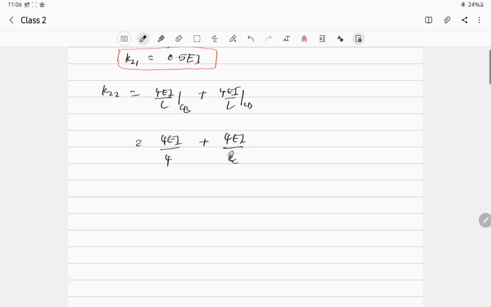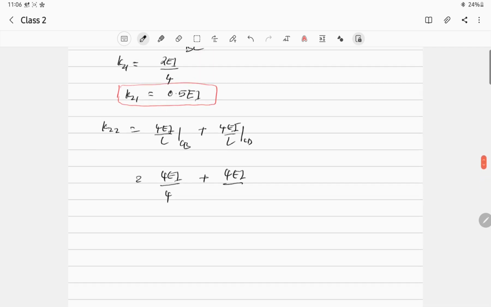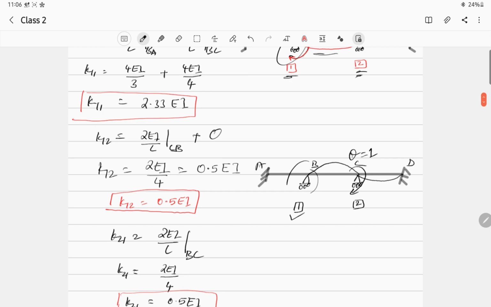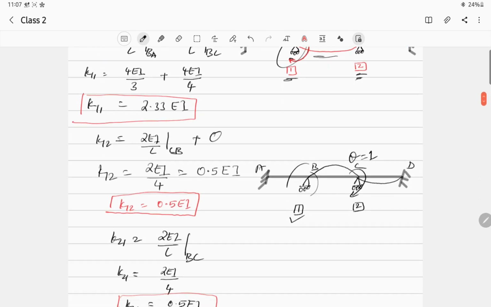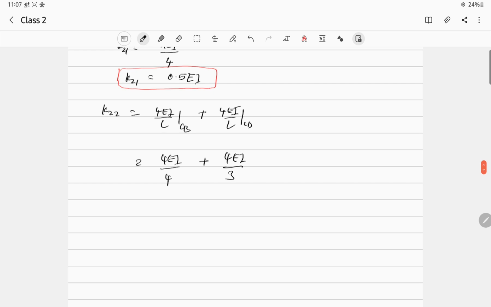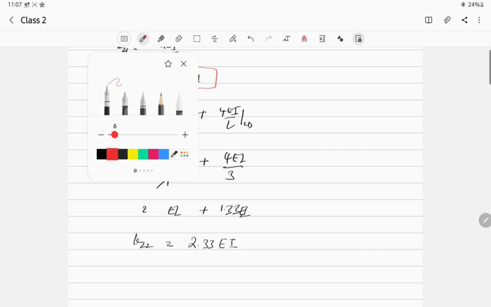For span CD, L is 3 meters, you can see here, 2 plus 1 is 3. So the 4 and 4 will get cancelled. So EI plus 4 by 3 EI, which is 1.33 EI. So finally K22 will be equal to 2.33 EI.